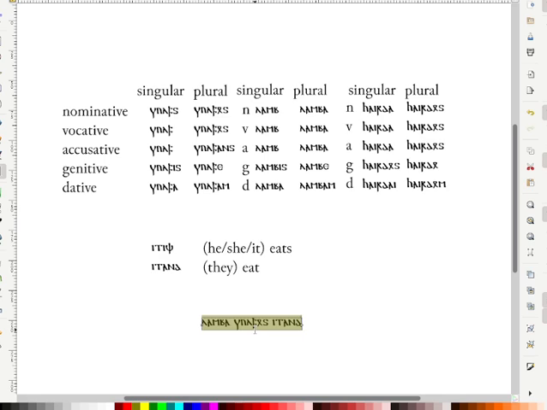And we have another word, hairda, which is a feminine noun, and it's like the wolf and lamb. It has different cases. As you can see, the nominative is actually the same as the accusative here too.